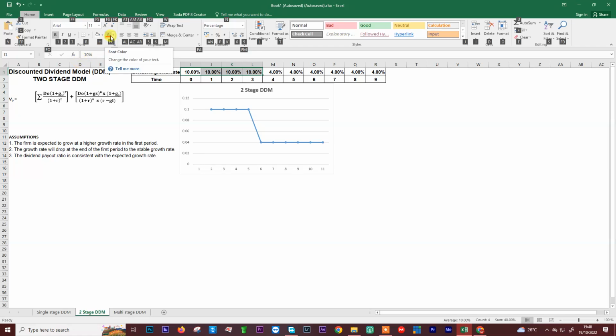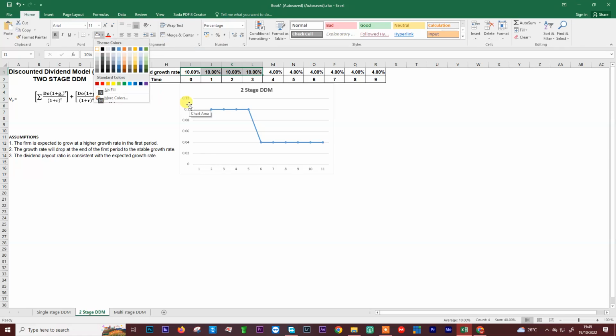Or I could decide to select H here. So let's select H, and then it gives me the options. Which color do I want? So now I select probably that color. That's the first stage of growth.